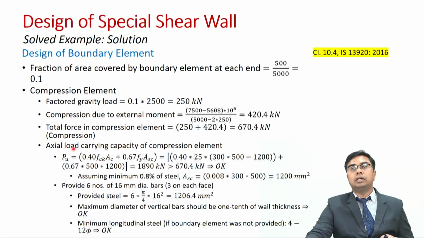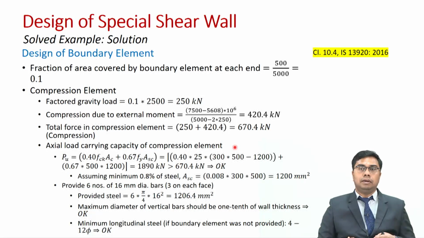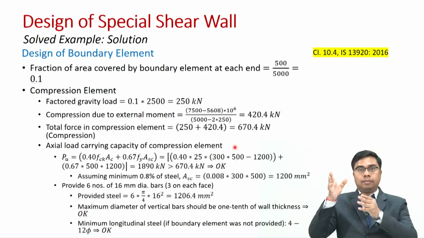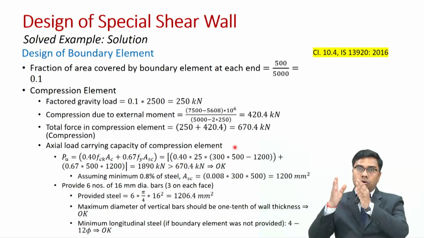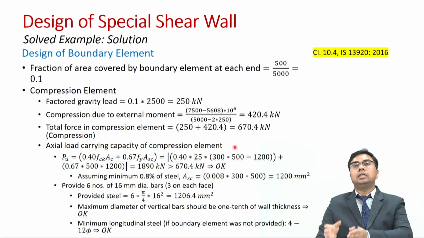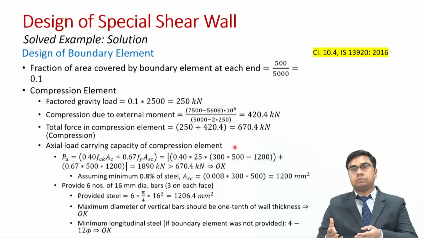Now let us calculate the axial load carrying capacity of this compression element. Since the compression element has the shear wall connected throughout, it will be considered as a short column without any classification.